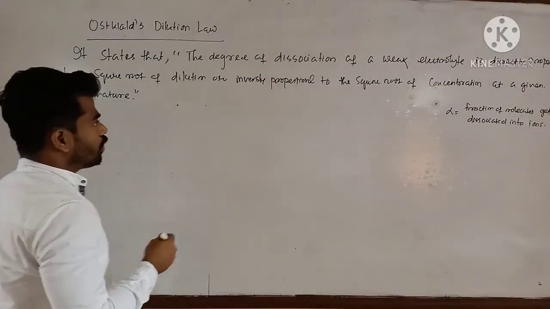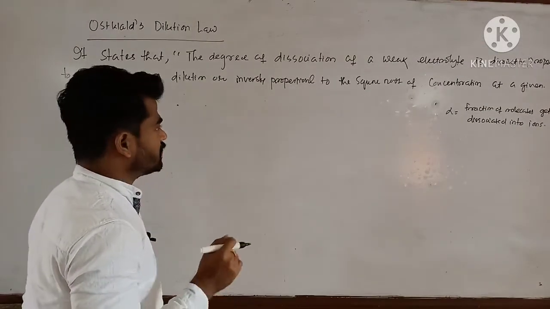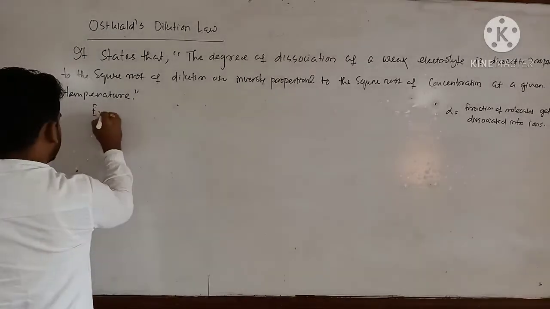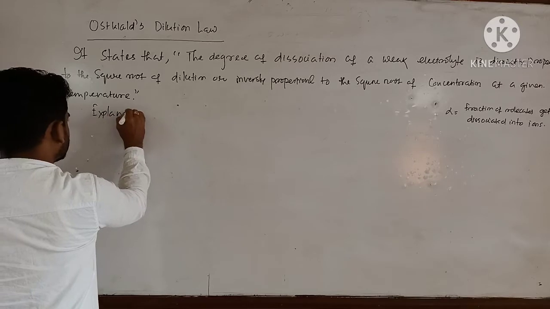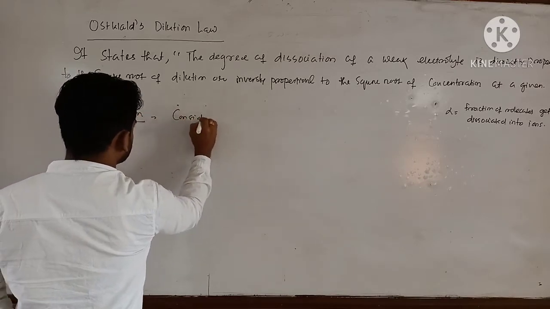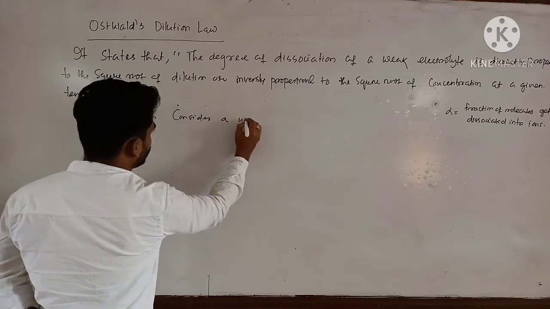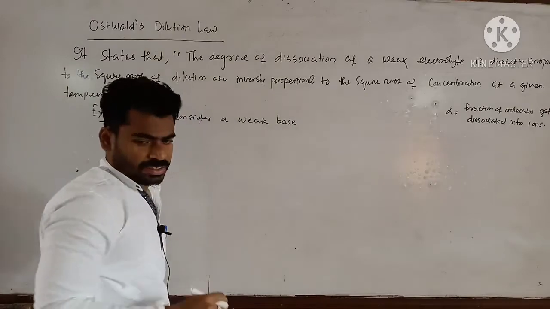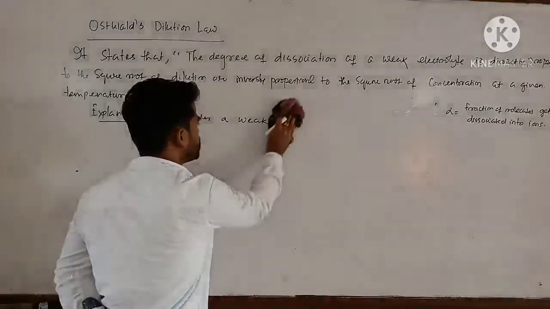So for a weak electrolyte, let's consider a weak acid first, then we will consider a weak base.